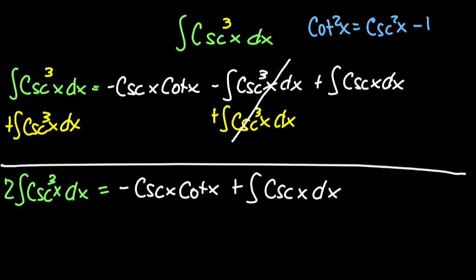And you can see here that we would need to get rid of the 2 here because what we only need is a singular integral. And by that, we would need to divide both sides by 2 or multiply both sides by 1/2 if that's what you want.